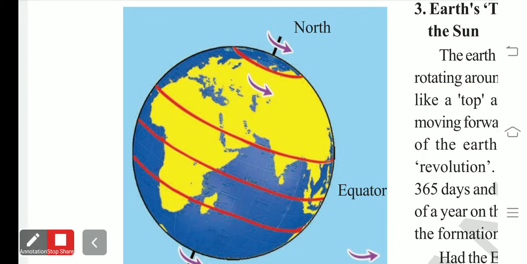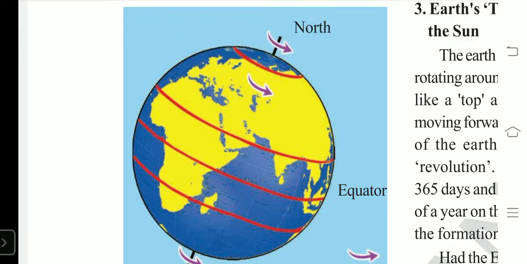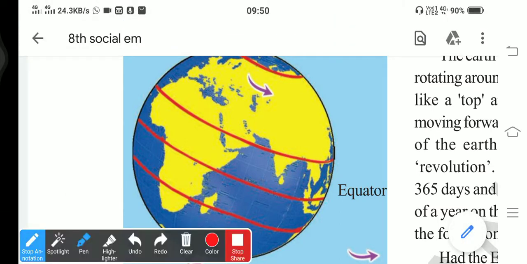The second factor which affects the seasons is the daily rotation of the earth on its own axis. Understand? Dear students, here is an imaginary line connecting north and south.